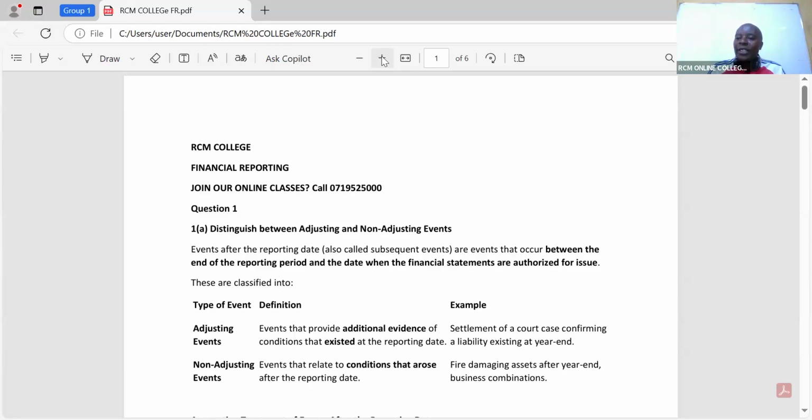And now they would want us to provide assurance to all their stakeholders that those financial statements are correct, that they present a true and fair view. Now they are giving us these statements in January.